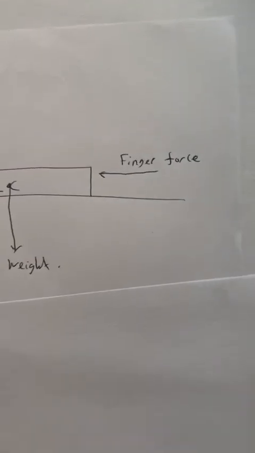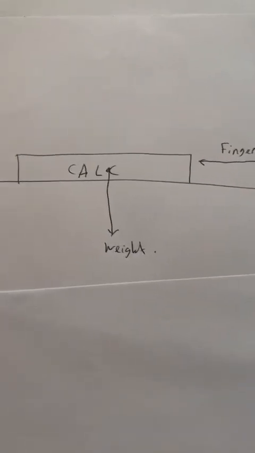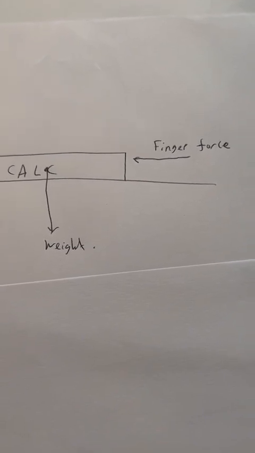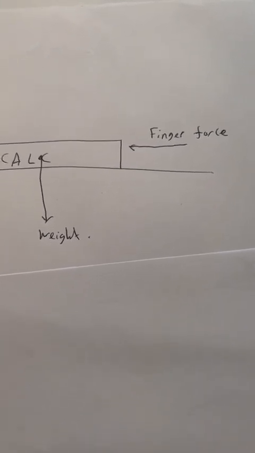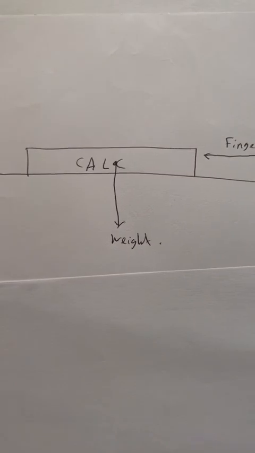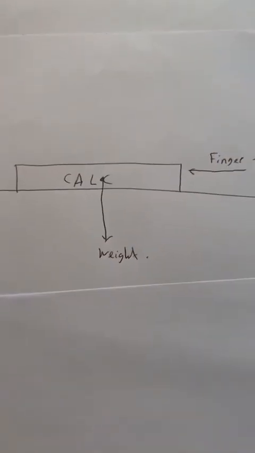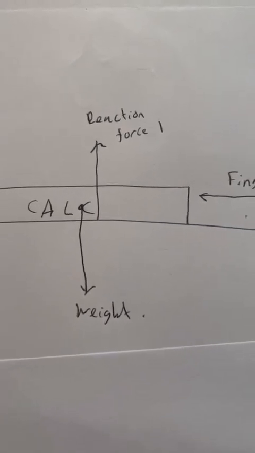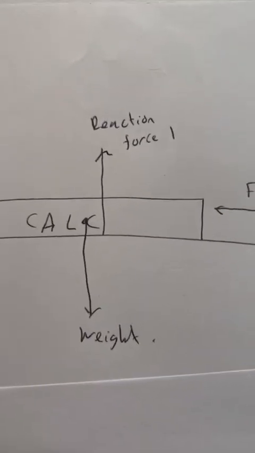So in that situation, we had my finger here pushing to the left. So that was my finger force. We had a weight from the calculator going into the table. So these two forces were the two action forces, right? The action of my finger and the action of the weight of the calculator going into the table. So that means we've got two reaction forces, right? We've got the reaction force from the table going upwards to counteract the weight.